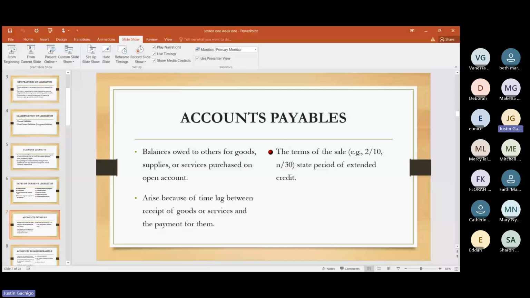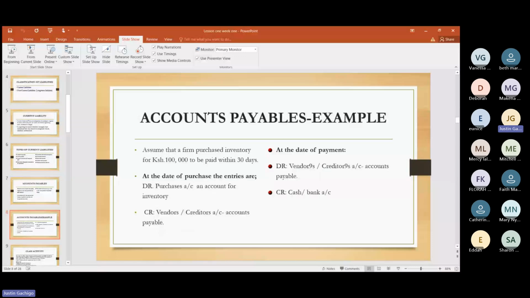Now, let us look at how we can account for accounts payable. Assume that a firm purchased inventory for Kenya shillings 100,000 to be paid within 30 days. So what will happen? There will be entries passed at the time of purchase, and entries passed at the time of payment.